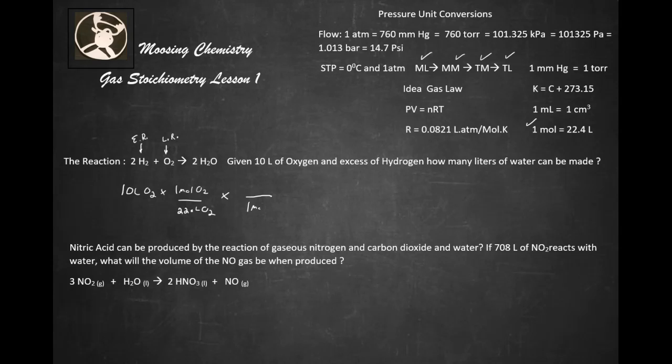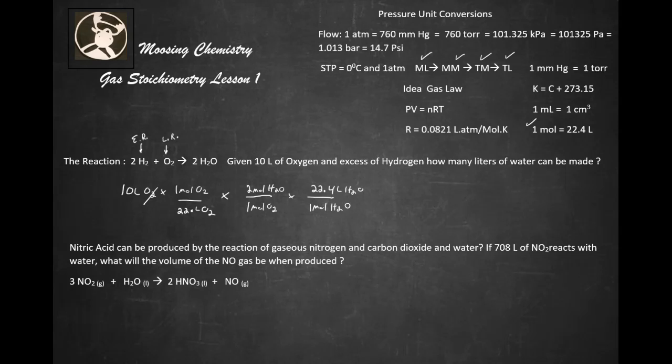It's going to be 1 mole of O2 to 2 moles of H2O. And then we want to convert that back into liters, right? So we go 1 mole of H2O to 22.4 liters of H2O.